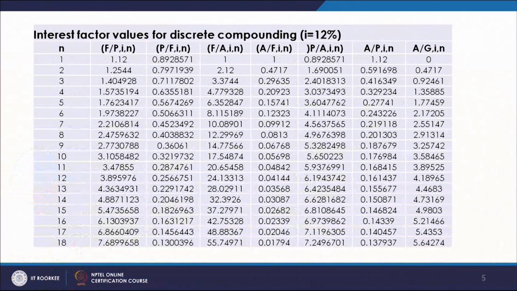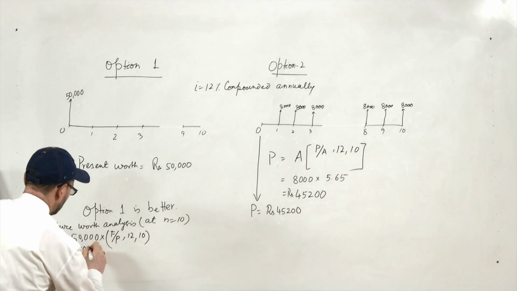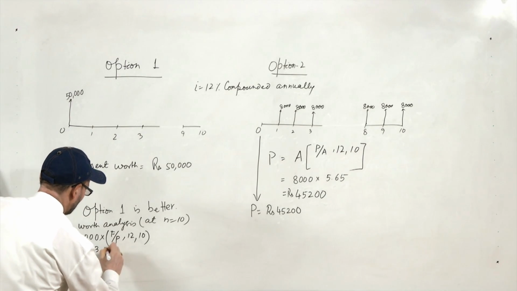So, this is 50,000 multiplied by 3.1058.